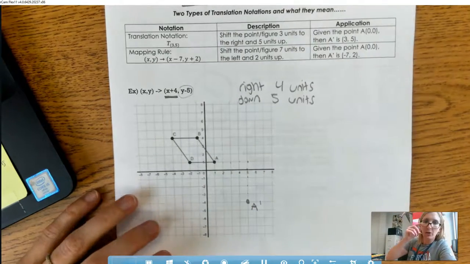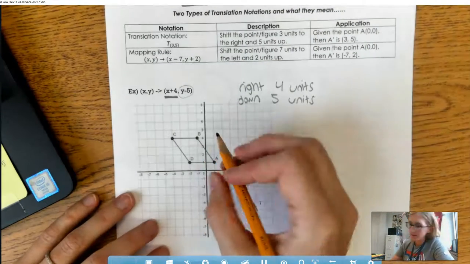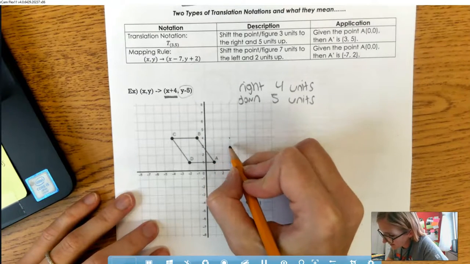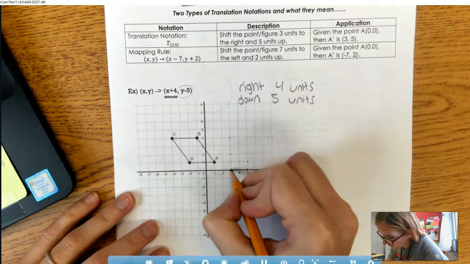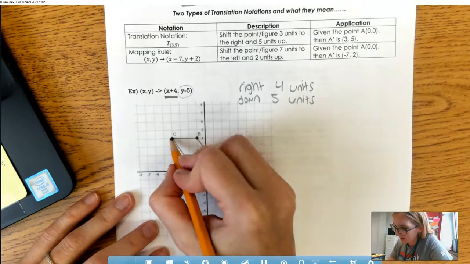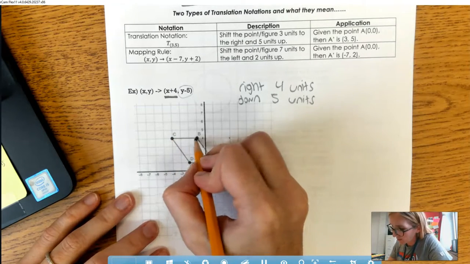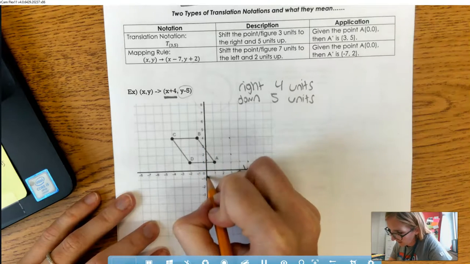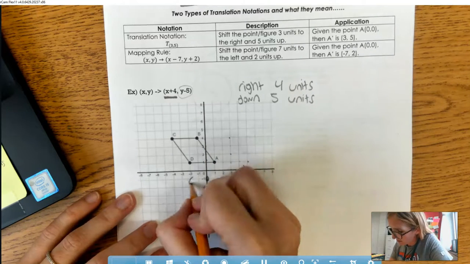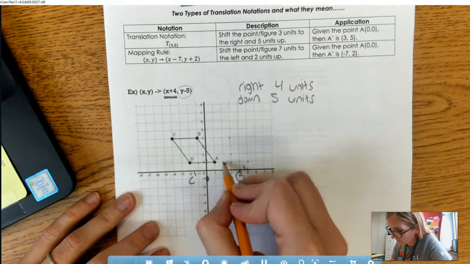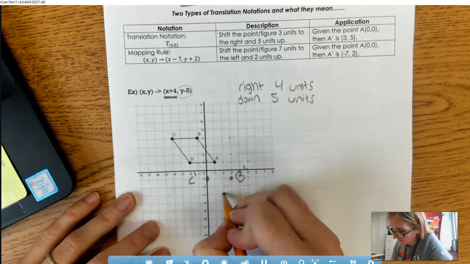I'm going to go ahead and do the same thing with B. Right 1, 2, 3, 4, and down 1, 2, 3, 4, 5. That's B prime. C, 1, 2, 3, 4, 1, 2, 3, 4, 5. That is C prime. And then D, 1, 2, 3, 4, 1, 2, 3, 4, 5.